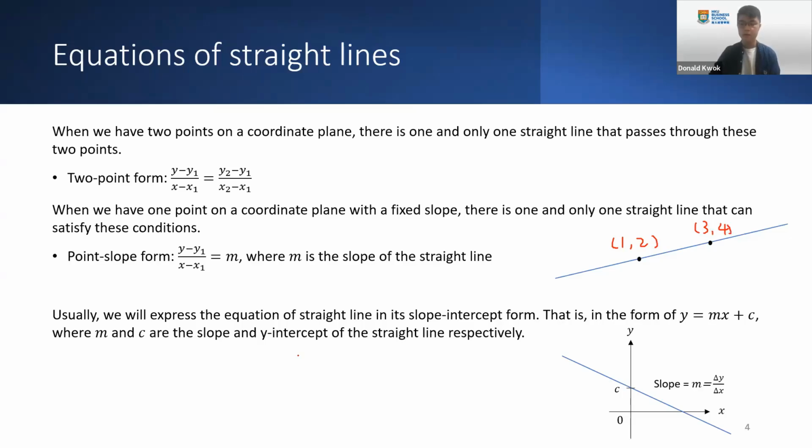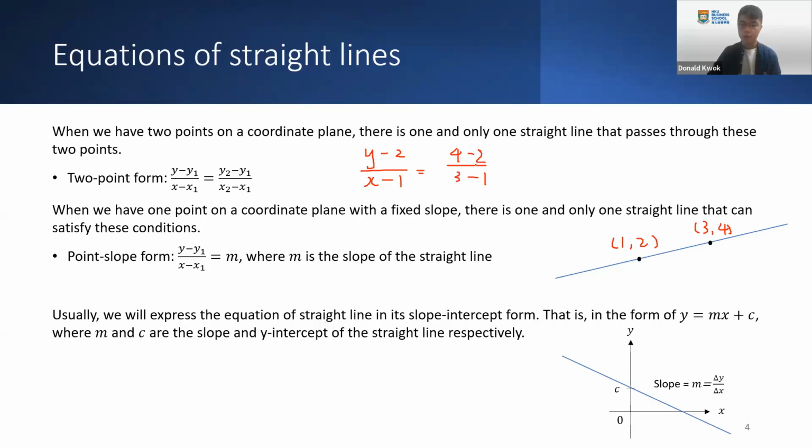How can you derive the equation of the straight line passing through these 2 points? We will express the equation using the 2-point form. That is, y minus 2 divided by x minus 1 equals the slope between these 2 points. So this is how we can express the equation of a straight line using the 2-point form.